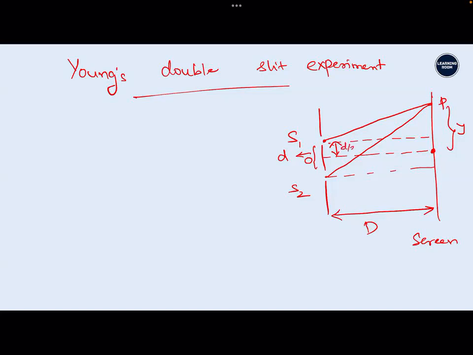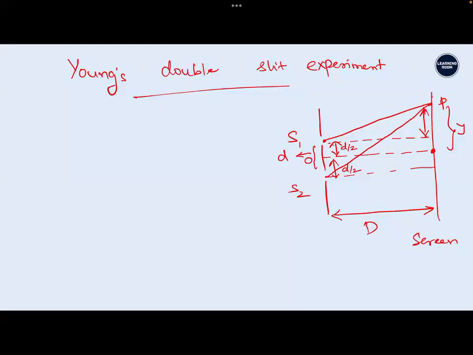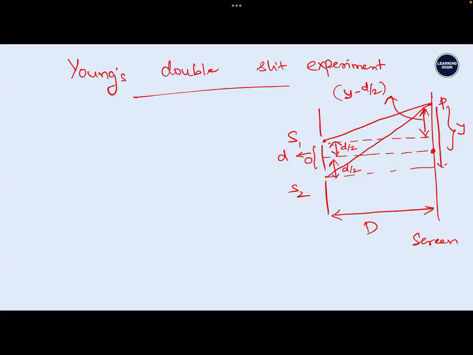It will be d by 2, and this distance will also be d by 2. Then how much is this distance? It will be y minus d by 2. And this distance will be y plus d by 2.